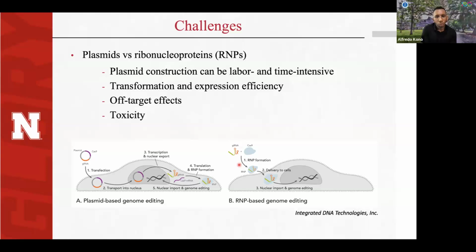Do you know how expensive it is to order the guide RNA and Cas9? Is it from NEB, right? Well, in that lab in Lincoln, we bought it from IDT, Integrated DNA Technologies. It's pretty expensive to buy one aliquot of Cas9.